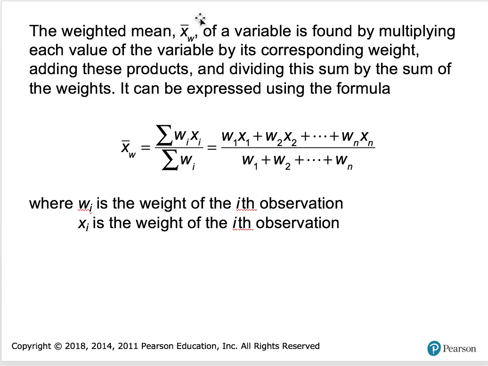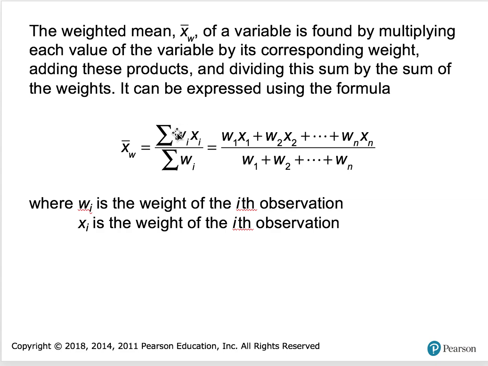So the weighted mean, which is x bar sub w, of a variable is found by multiplying each value of the variable by its corresponding weight. You add all those products, divide by the sum of the weights, and it can be expressed using this formula.